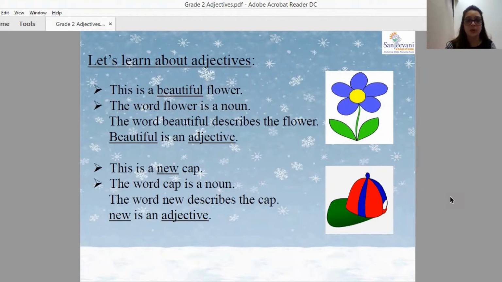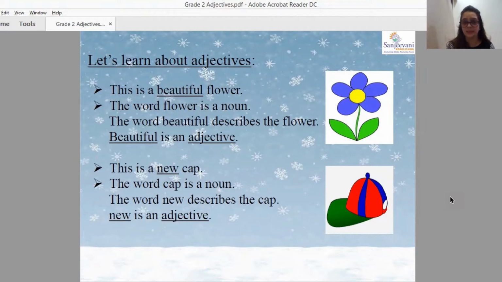The word flower is a noun, and the word beautiful describes the flower. So the word beautiful is an adjective. You can also say it as a describing word.